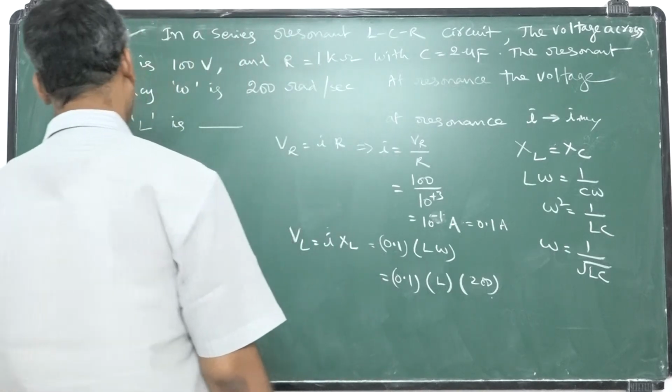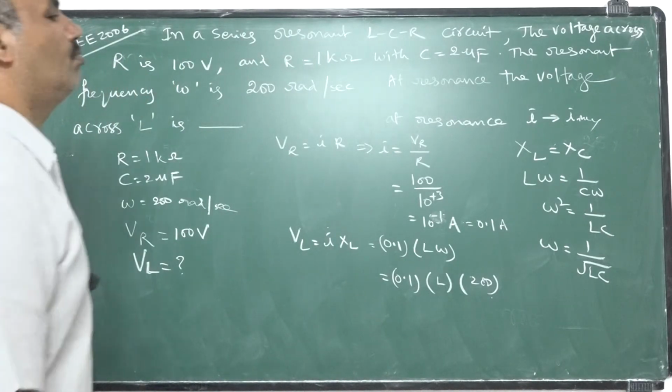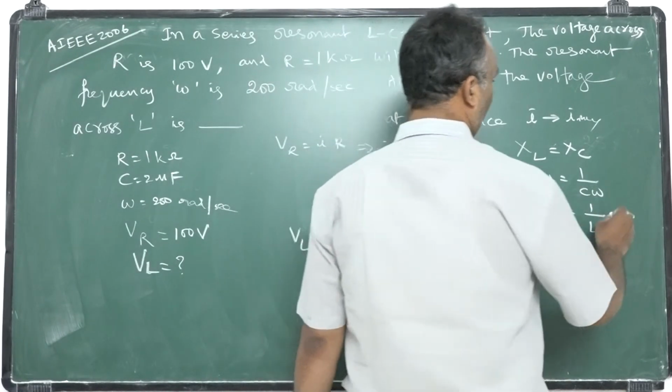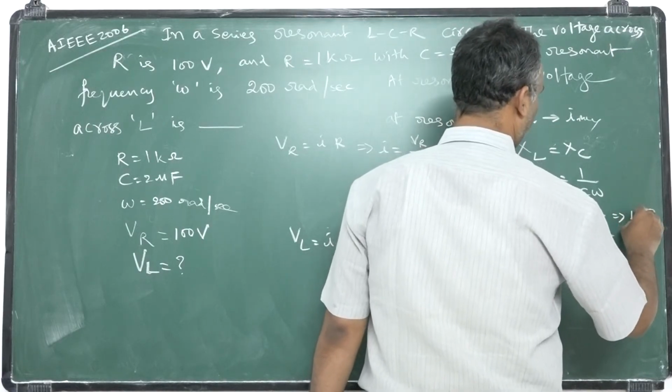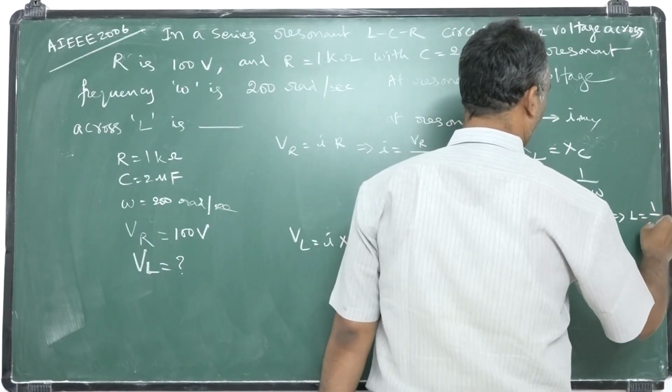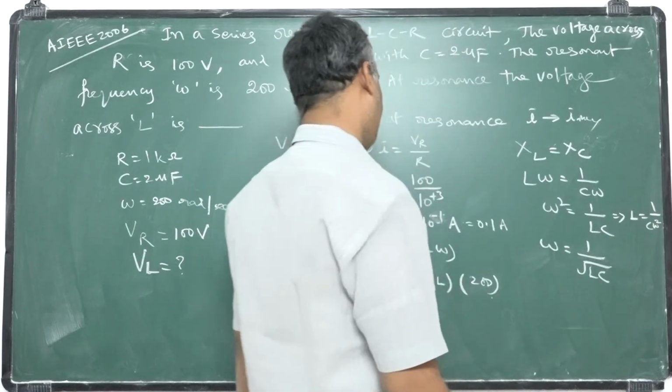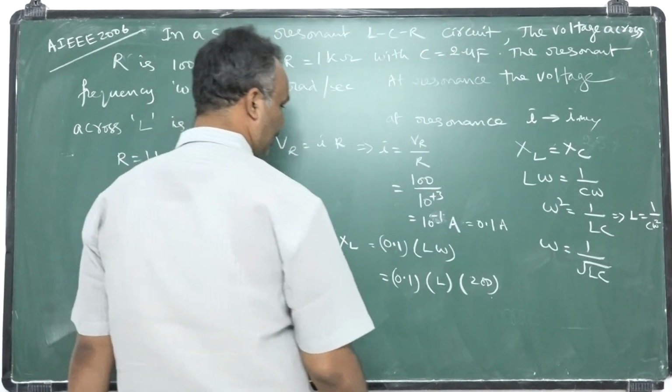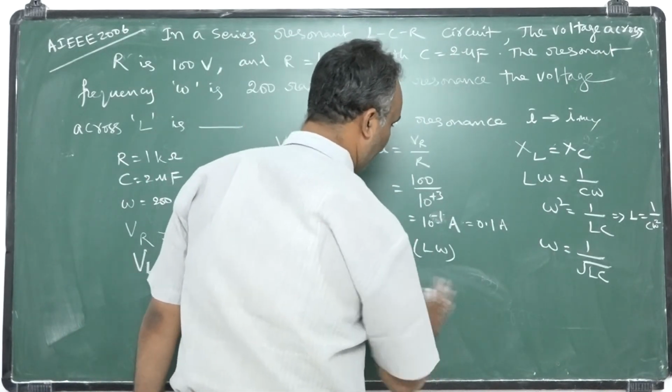But you can calculate L value from this discussion. L value can be found by taking 1 by C omega square.